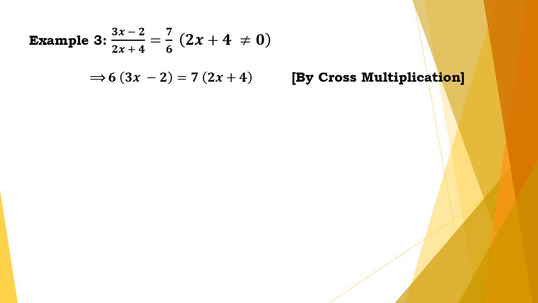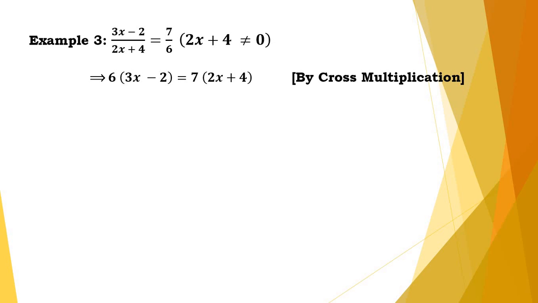Alright, so here students, giving bracket is very important. Okay, because the whole expression 3x minus 2 will be multiplied to 6, and the whole expression 2x plus 4 will be multiplied to 7. So don't forget to give the bracket. It is very important.